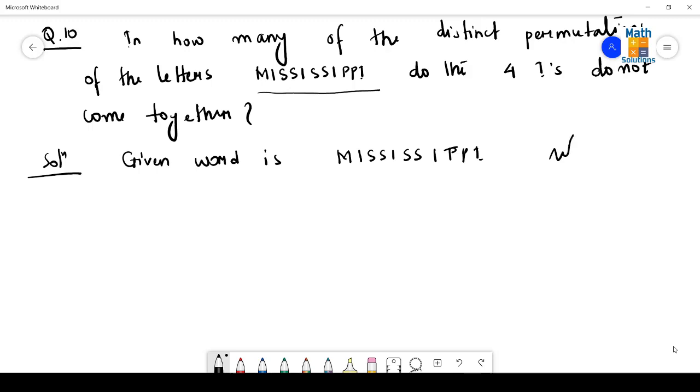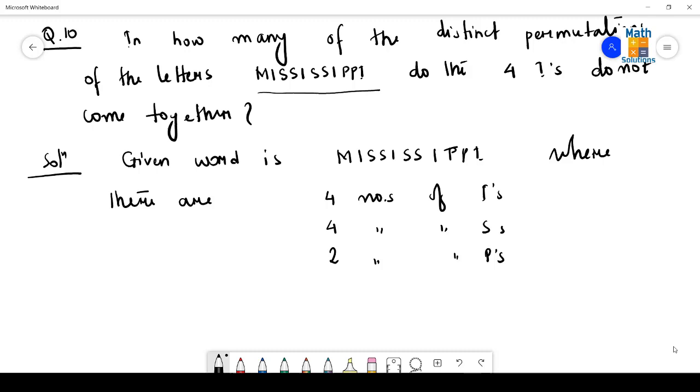In Mississippi there are 4 I's, then 4 S's, then 2 P's, then 1 capital M. So we find that this is of the first kind, this is of the second kind, this is of the third kind, and this is individual, only one individual letter we are getting, that is M.